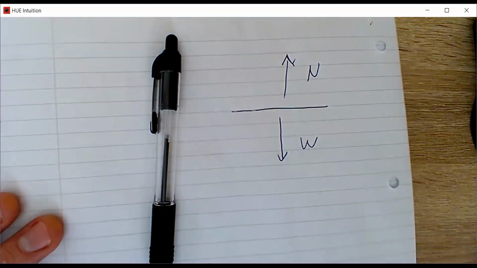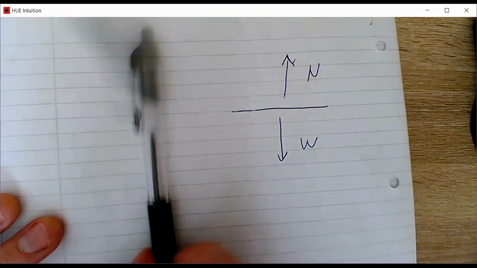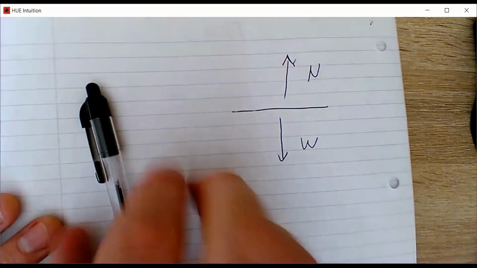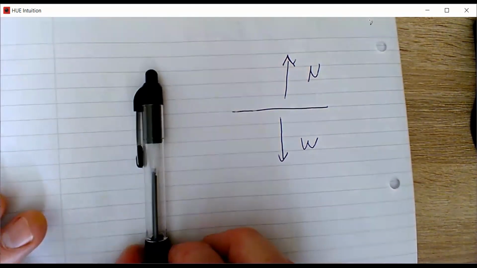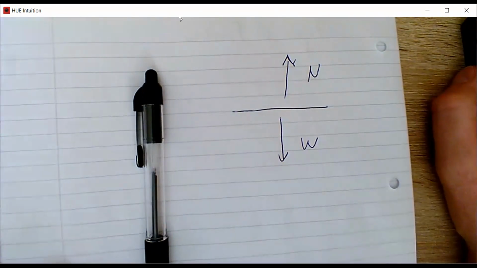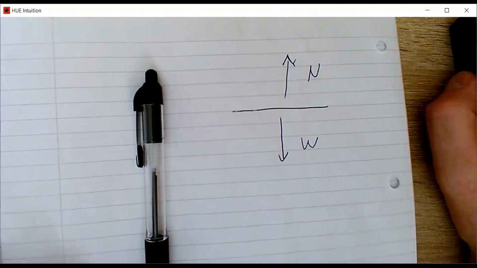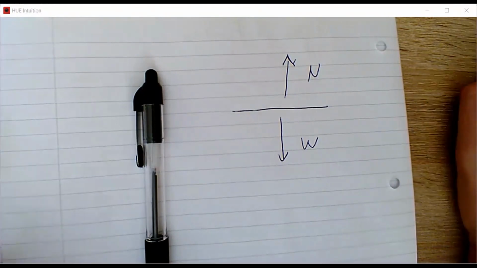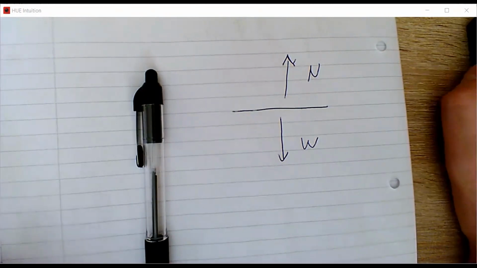But that normal force is really just the electrostatic repulsion between the electrons in the biro and the electrons in the table. So most forces that we think of are actually electrostatic forces being manifested in some way. And all forces can be explained in terms of those four fundamental forces.